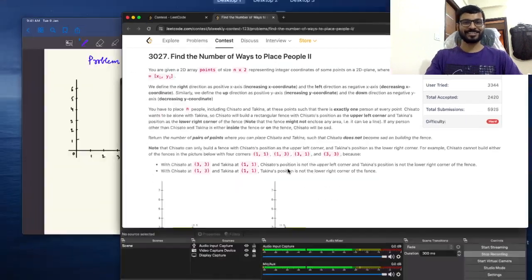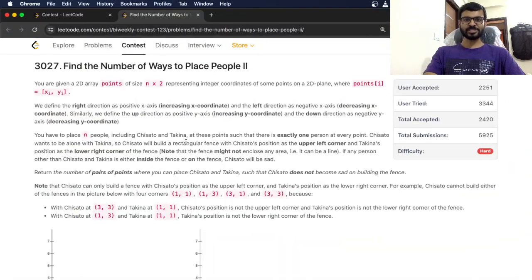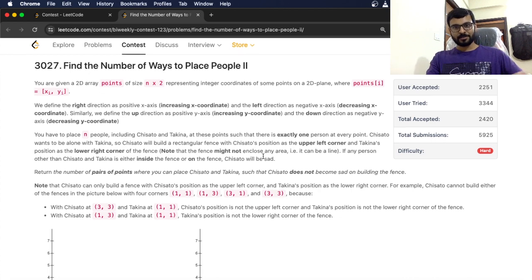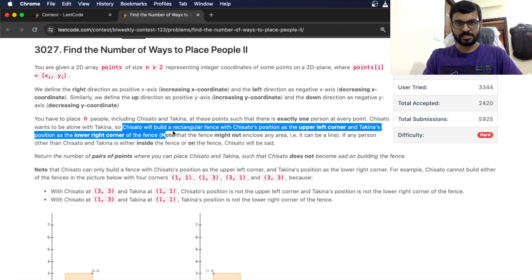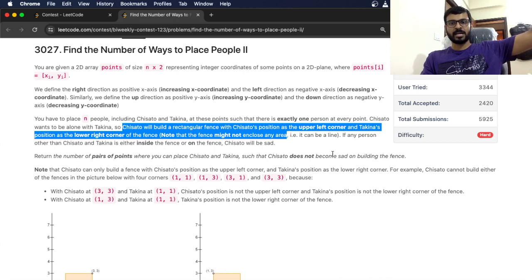Okay, so let's get started. The question says that you have n points on a 2D plane. This is your 2D plane, and you have to basically place n people, including Chisato and Takina, and you have to place them in such a way that Chisato wants to be at the upper left corner.